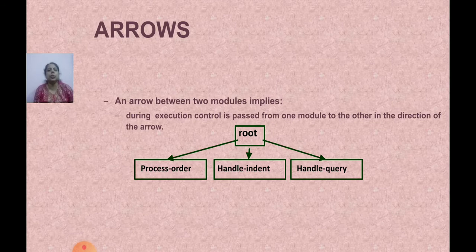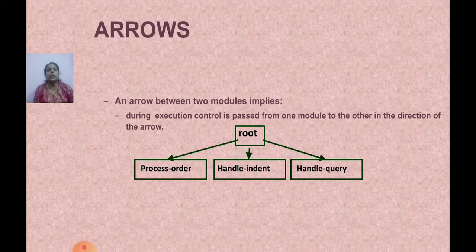Then the next symbol is the arrow. An arrow between two modules implies that during execution, control is passed from one module to another module in the direction of the arrow. This means the arrow represents the control flow from one module to another.